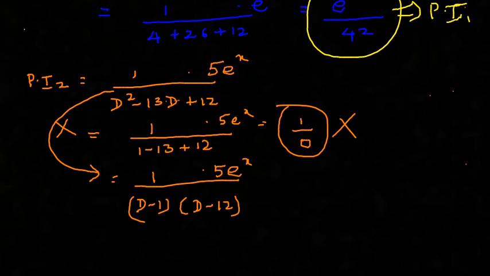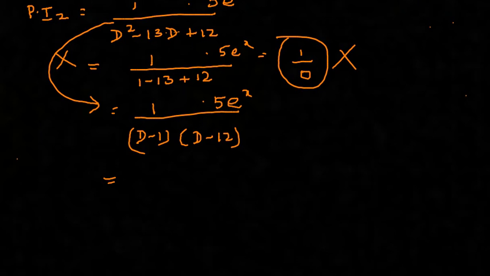Now 5 is of course common. When I substitute 1 in place of d here, that is the coefficient of x here, then this term becomes 0, so I'm going to write it as it is. Whereas when I substitute 1 here, it becomes minus 11, right? So I'm going to have it as it is.